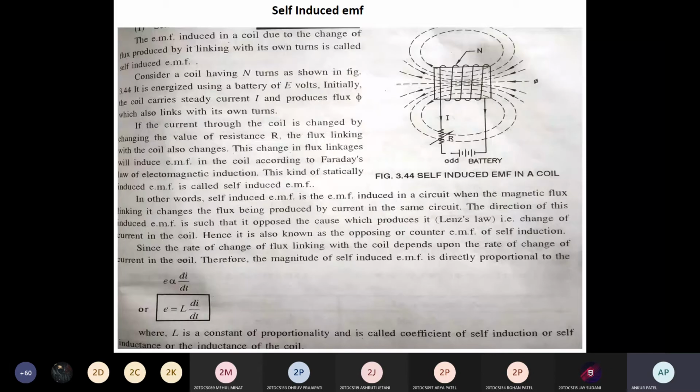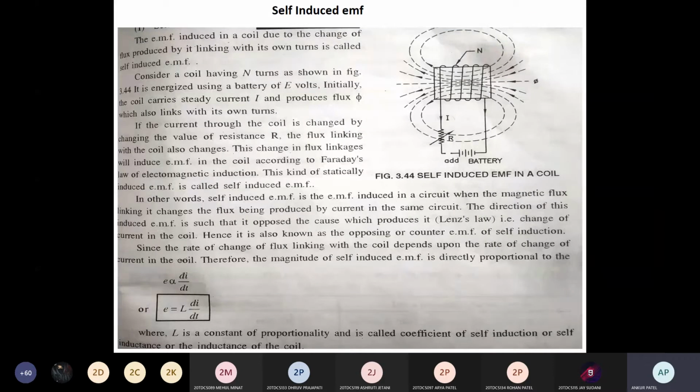You can see one coil with n turns wound. On both sides we have flux linkages, a coil linked with its own turns, and there is change in flux linkages, or change in self inductance. The EMF induced in a coil due to the change of flux produced by it linking with its own turns is called a self-induced EMF.